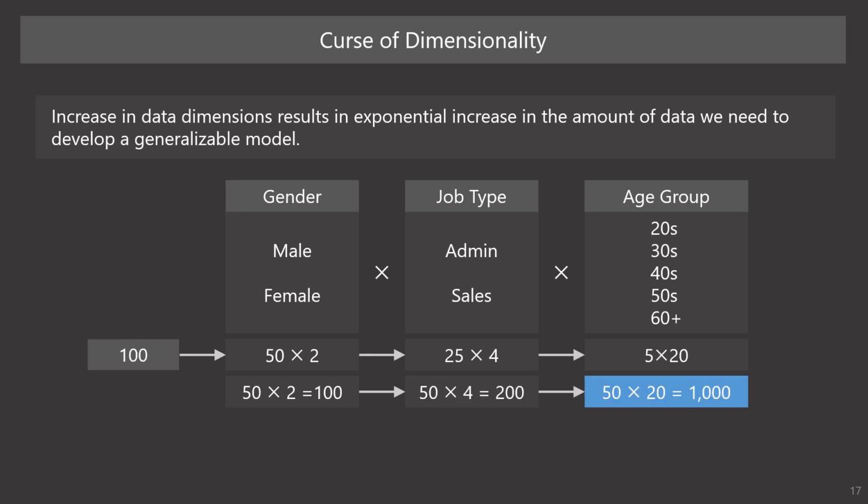And if we have three dimensions, gender, job type, and age group, we need to have 1,000 observations. We can see that the amount of data to build a generalizable model is exponentially increasing. Increasing data is not always feasible, so it is useful to utilize dimensionality reduction technique to deal with this problem.